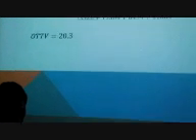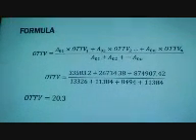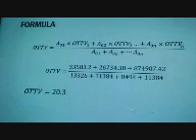The next part is the OTTV of the building envelope, the overall OTTV. You can see the formula that we use to find the overall OTTV. After adding all the OTTV for each orientation and all the areas of the building, the OTTV that we got is 20.3.